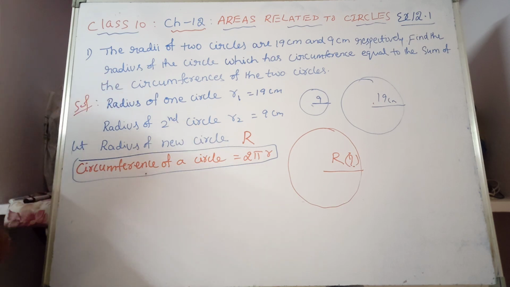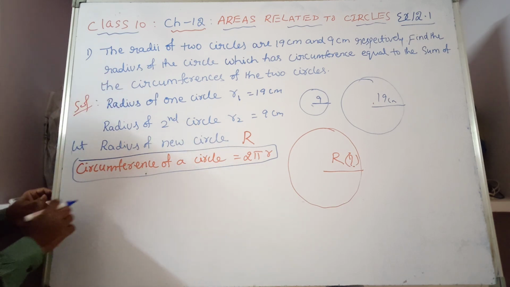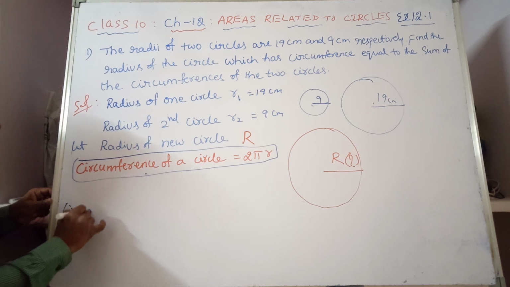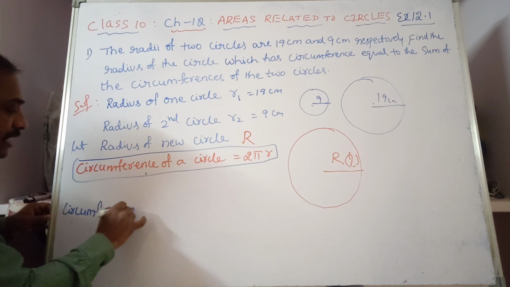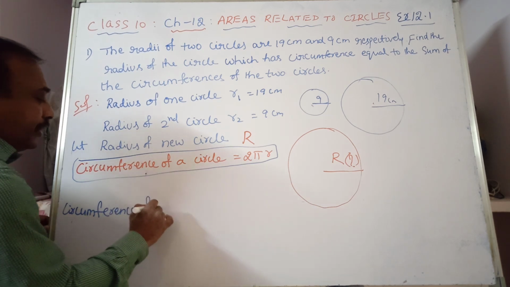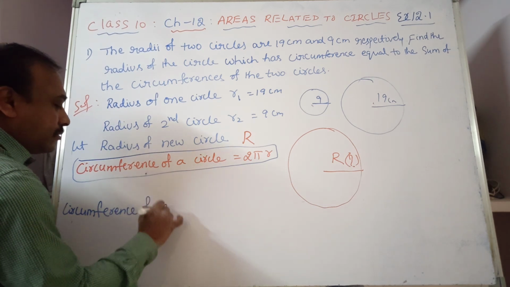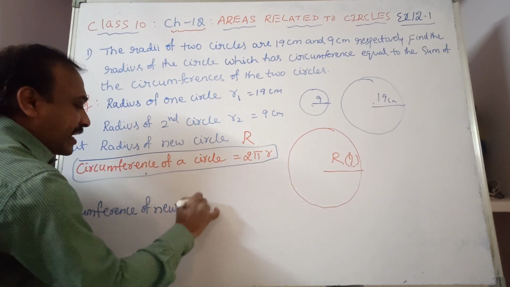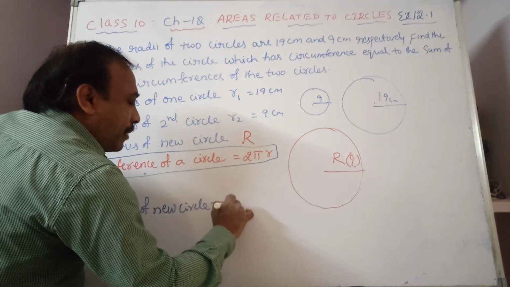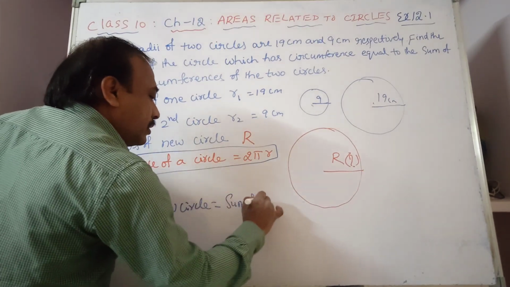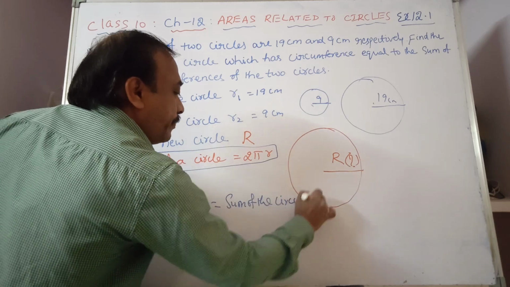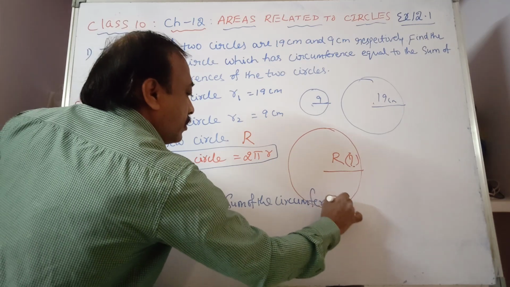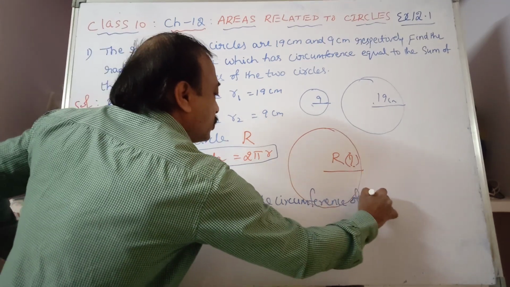So the circumference of the new circle is equal to the sum of the circumferences of the two circles.